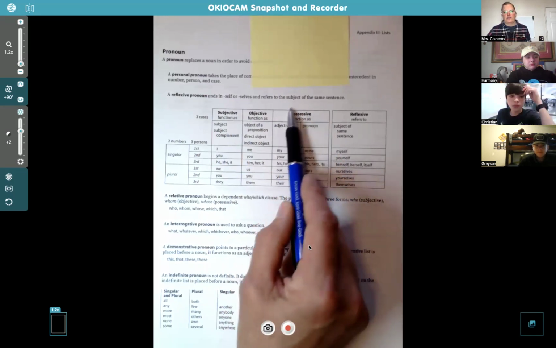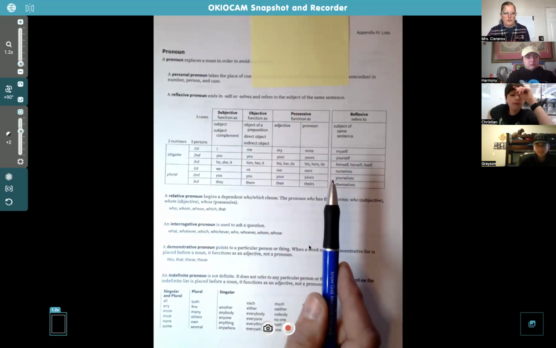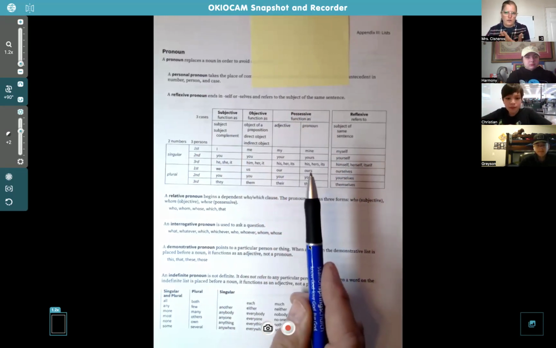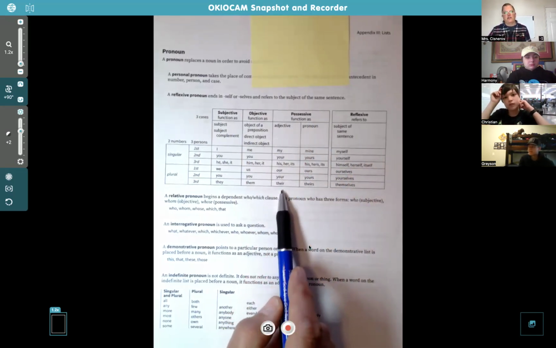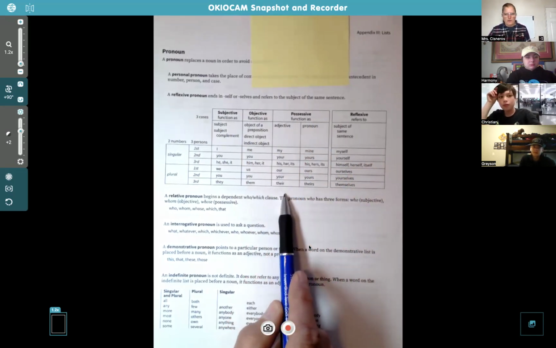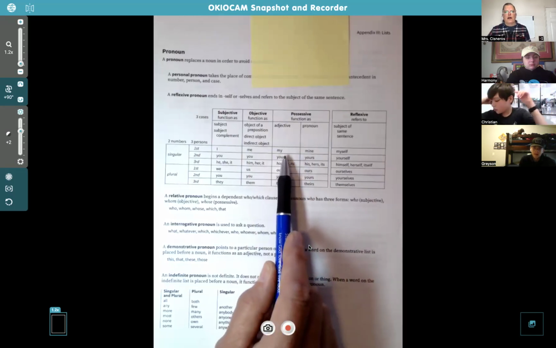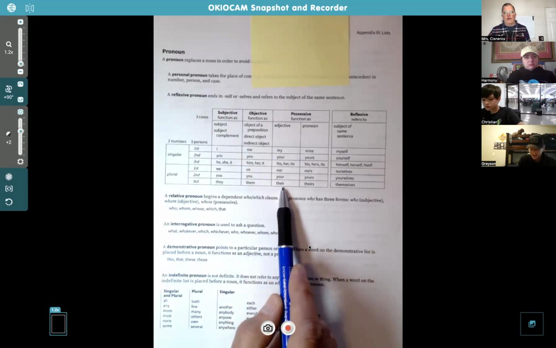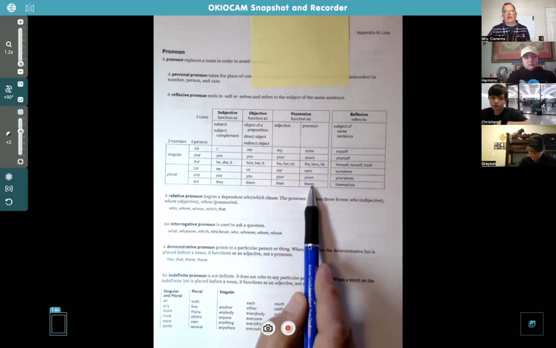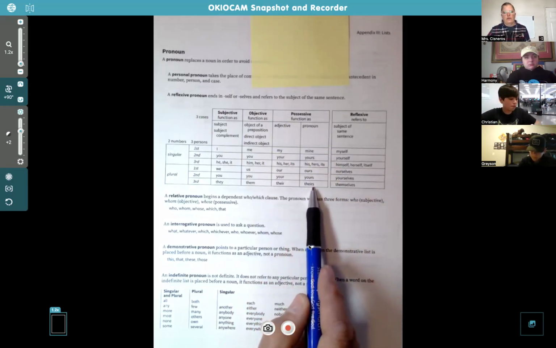And then we've got possessive, and we know that word possessive just means if you own it, if it's yours, you possess it. So these are possessive. They function sometimes as an adjective, like here. Sometimes we mark these as adjectives. My, your, his, her, its, our, your, their. And then these function as a possessive pronoun.